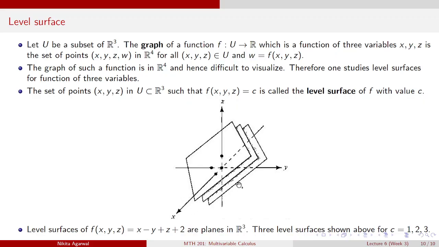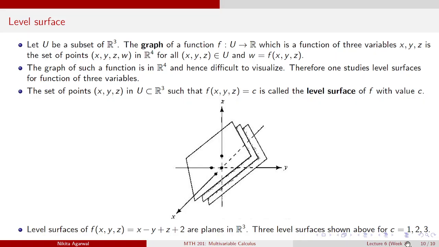So you see these planes here for various values of the constant, c equal to 1, c equal to 2, c equal to 3. So if you put c equal to 2, you get x - y + z + 2 = 2, which gives you x - y + z = 0, which is a plane that passes through the origin. That's this plane that you see.